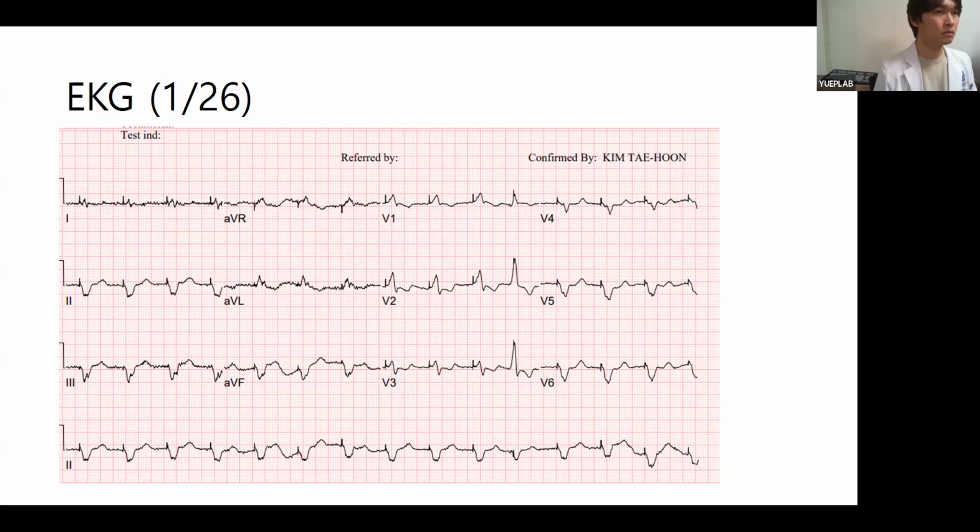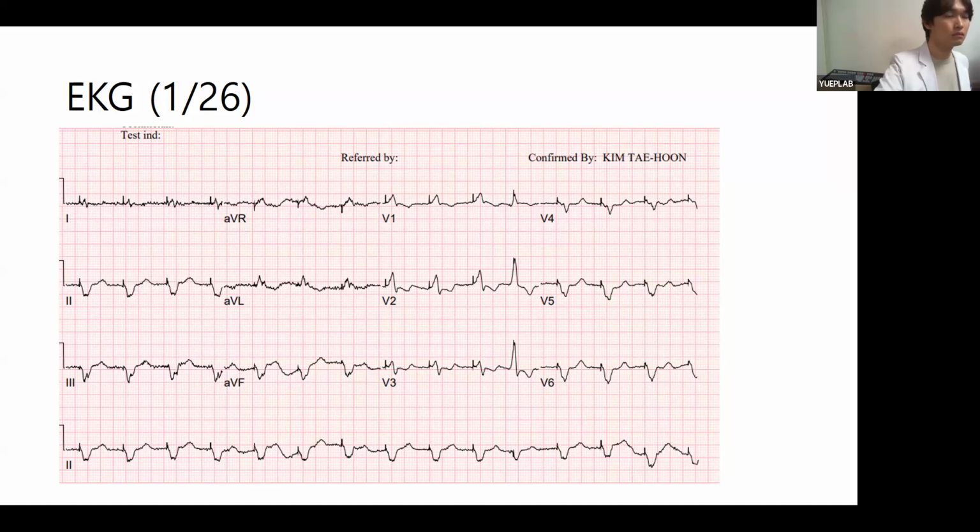We need more RCTs comparing CSP and BiV CRT. The CSP success rate is not 100%, and it goes down when the patient's condition and heart condition are poor, so the CSP success rate and QRS duration are not that good.